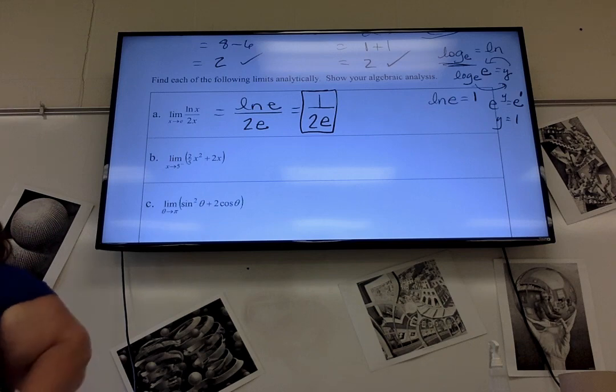Now, when we're plugging in the 5 from the left-hand side, is there anything special we have to do?